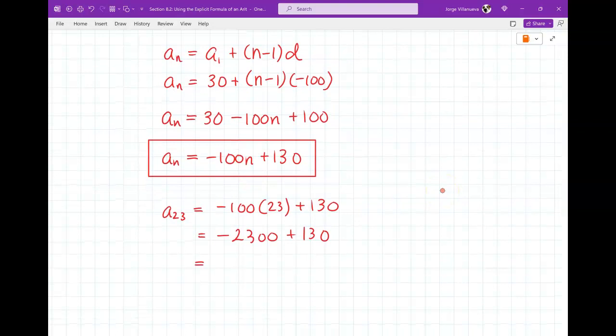Well, negative 2300 plus 130 will be negative 2170. So negative 2170. All right, cool. So that's a sub 23.